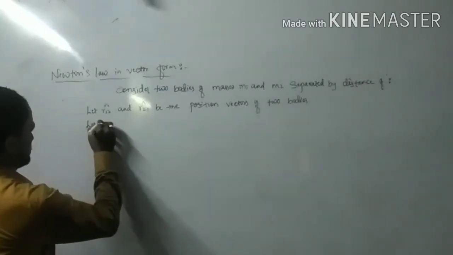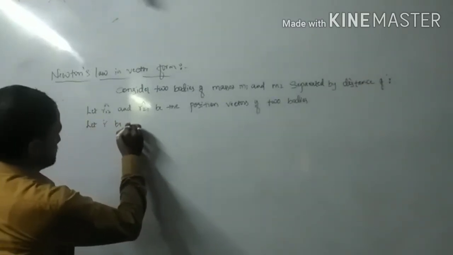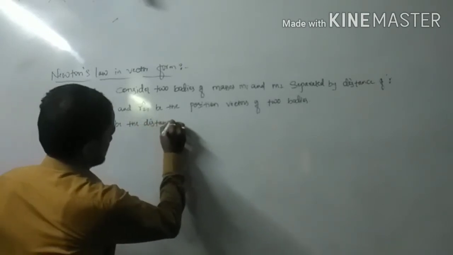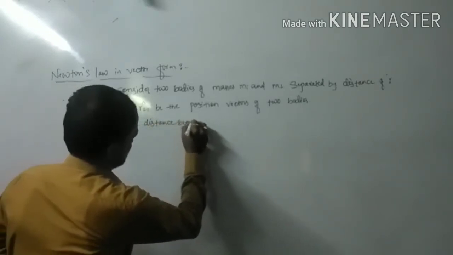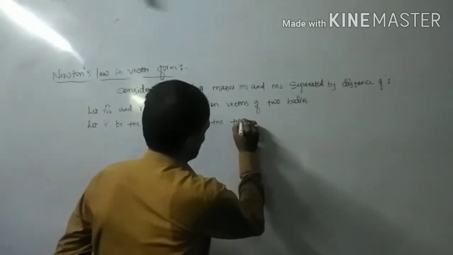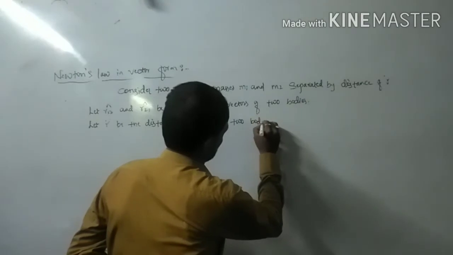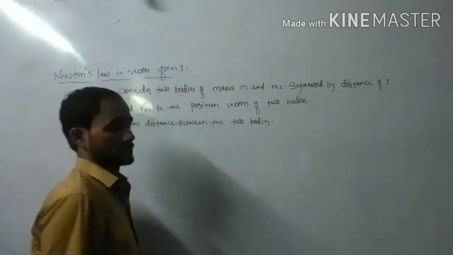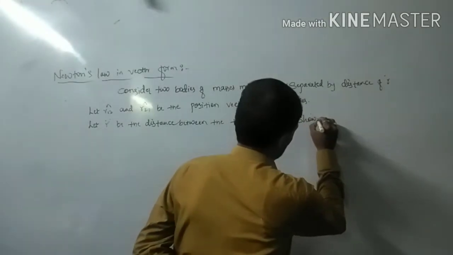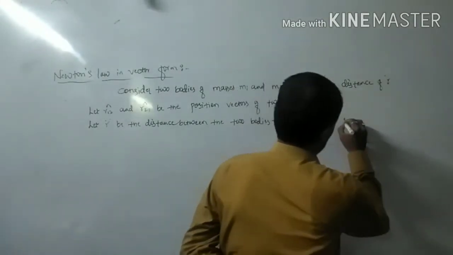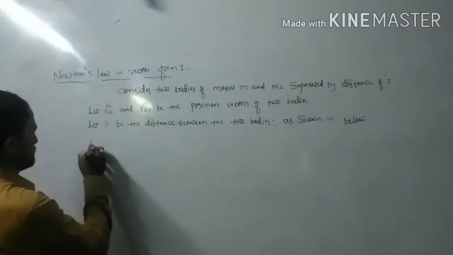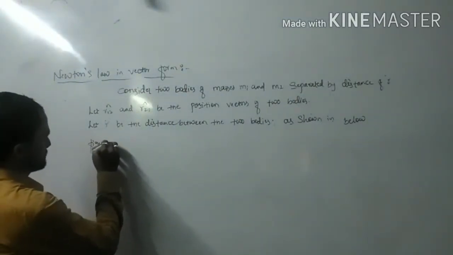Let r be the distance between the two bodies, as shown in the figure below.